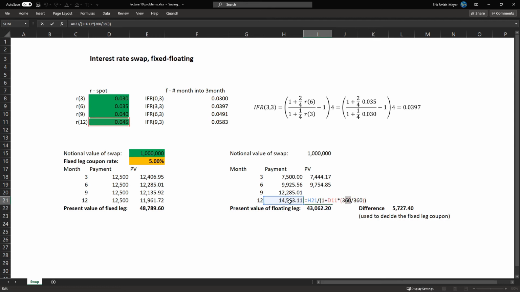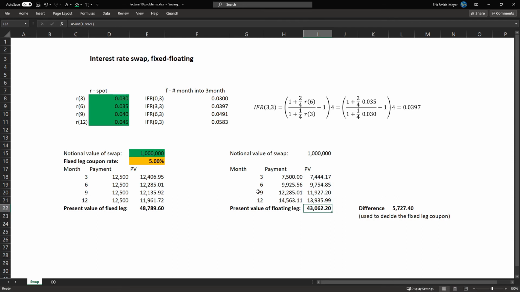So this 12-month rate is 1 year, but the 9-month rate, it's 270 days into the future, into the year, so we have to linearly adjust it. And the present value of the floating leg is just the sum of the present values of the coupons, so it's 43,000.